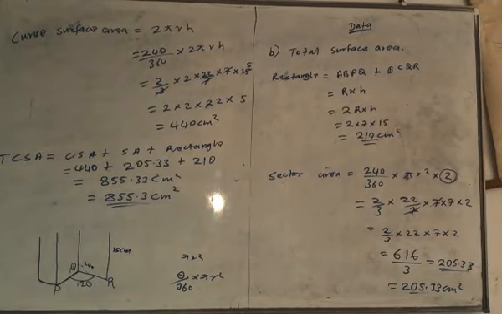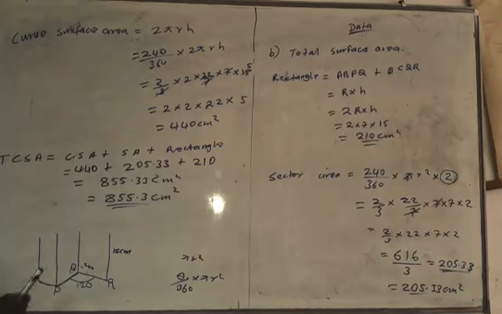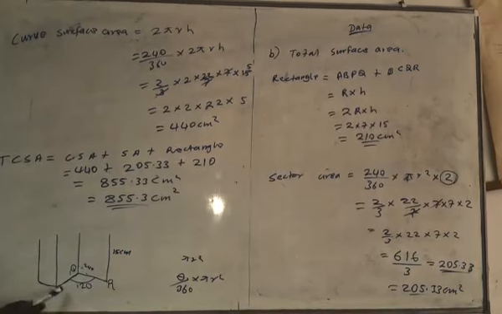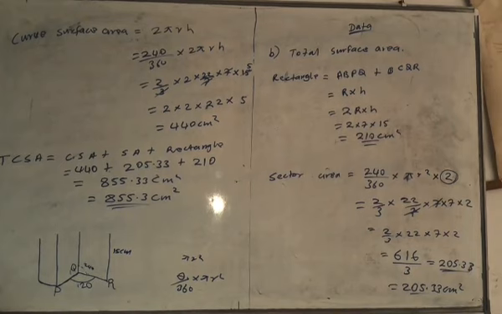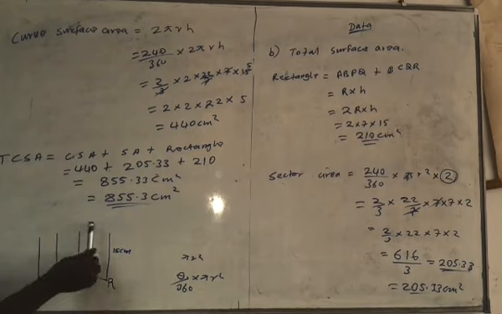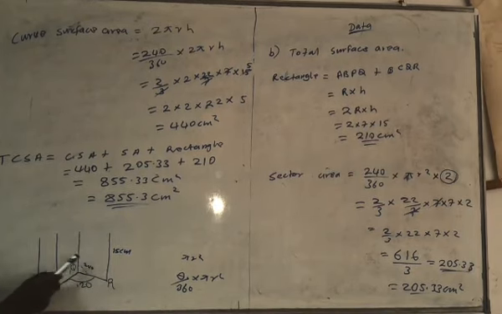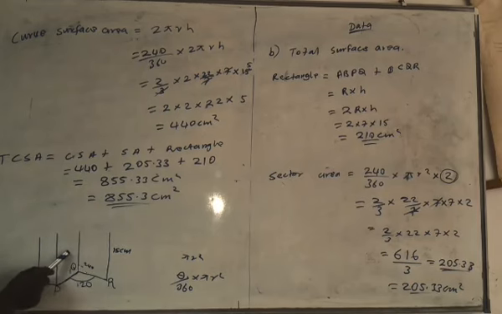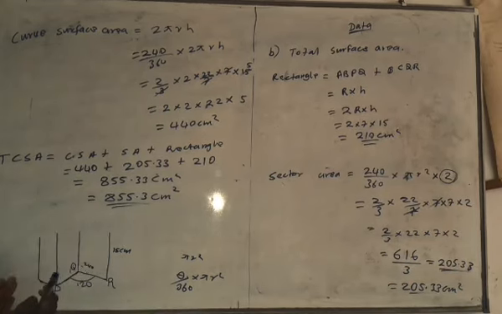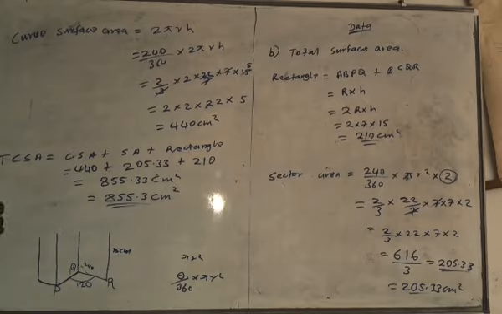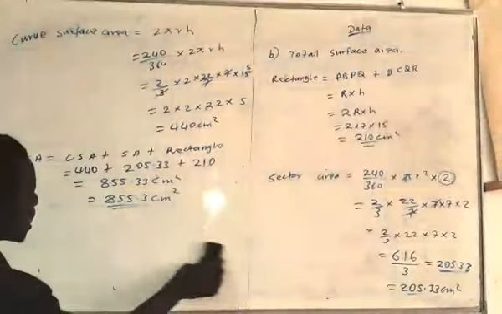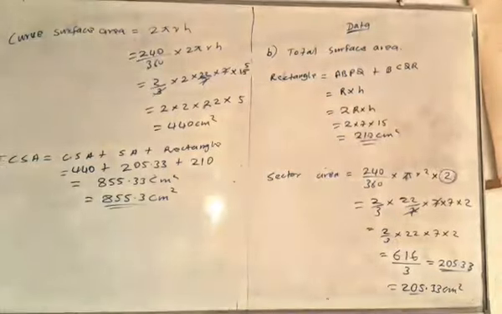But let's say the question asks you to find the area that was removed, how do you think we are going to find that? Since we found two rectangles, the one you cut out will also be two rectangles. So let me give you the formula you are going to use, and then you can send your answer in the comment section.